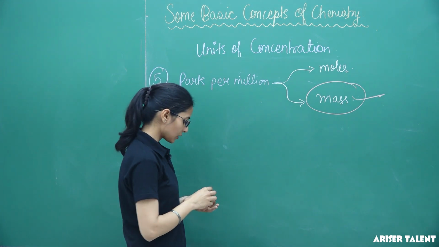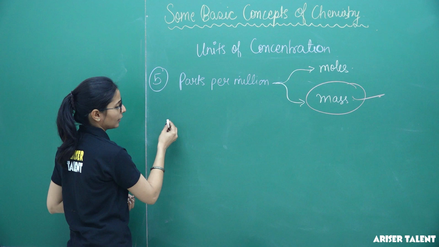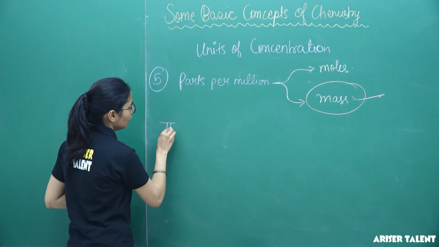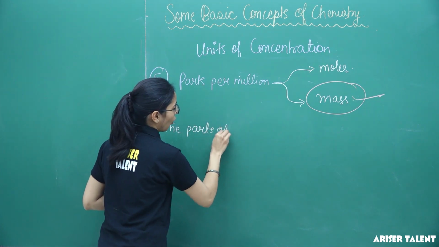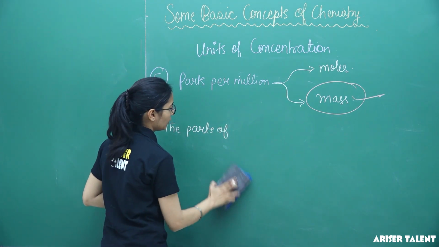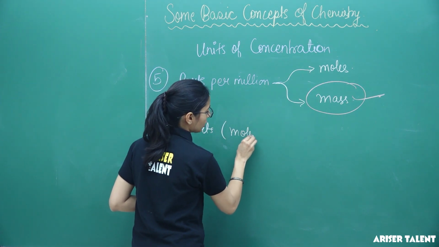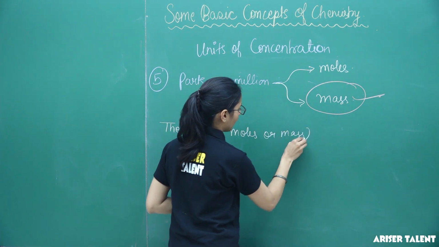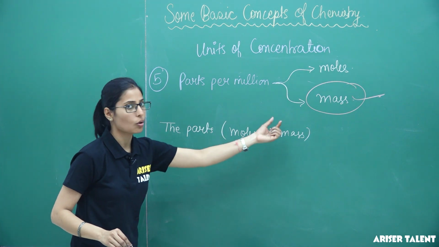Okay. So, let us first write the definition for parts per million. What is parts per million? The statement for parts per million will be: the parts of, in the bracket I am writing moles or mass. So, this can be expressed in terms of moles or mass.